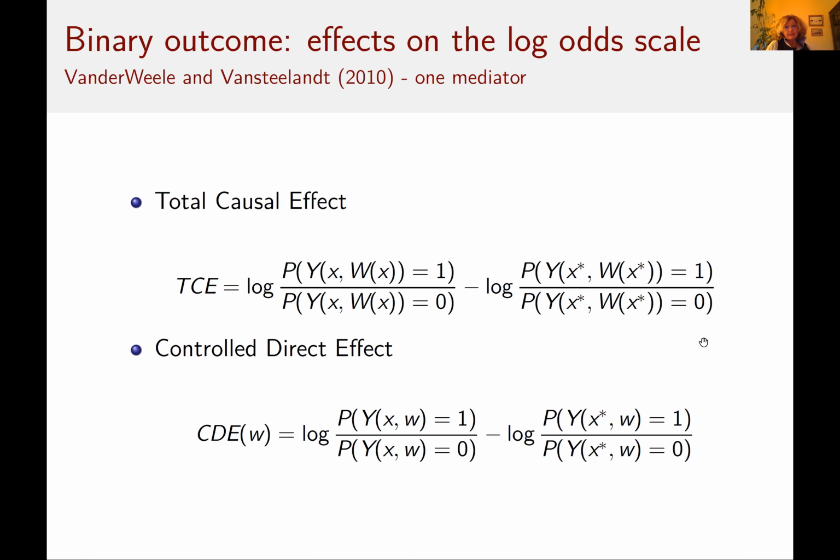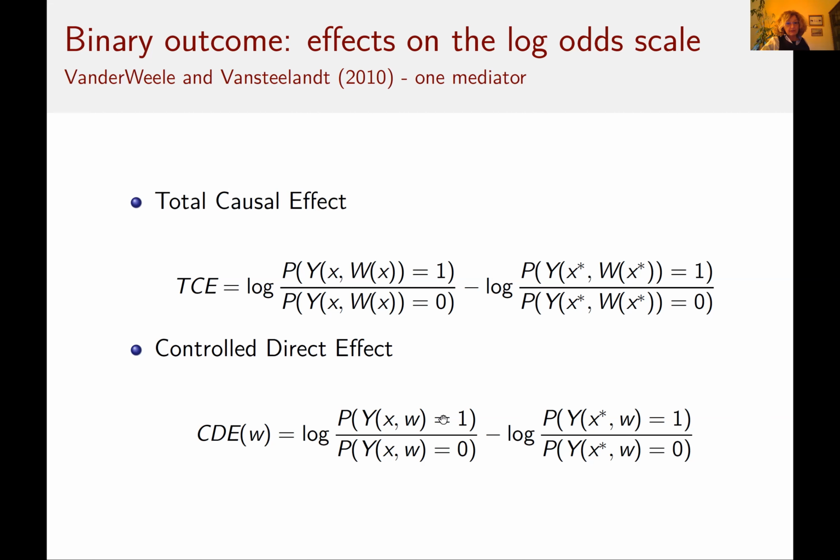Okay, a similar decomposition you can have on the log scale. I'm not going to represent the concepts because the idea is exactly the same; it is the scale that varies, and it is measured on the log odds scale. So the total causal effect is the log odds of Y when x is set to x against the log odds of Y when x is at the baseline.